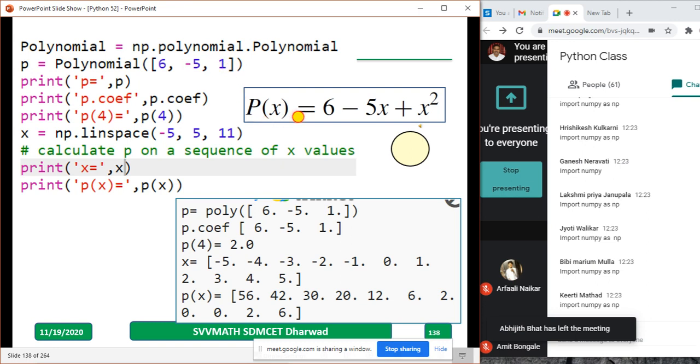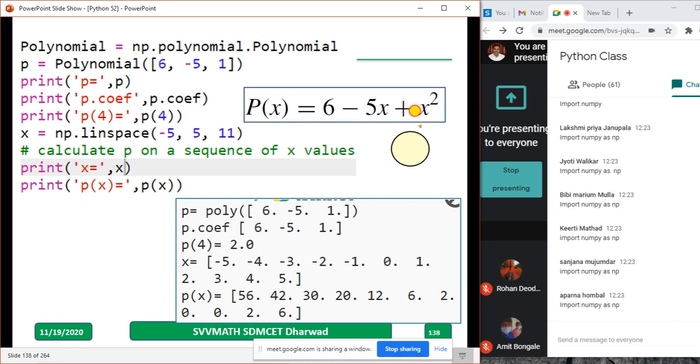It's nothing but p of x equal to 6 minus 5x plus x square. Next is print p. When I print p, it will show polynomial 6 minus 5, 1. And next I'm printing p.coef. What will it print? 6, minus 5, 1.